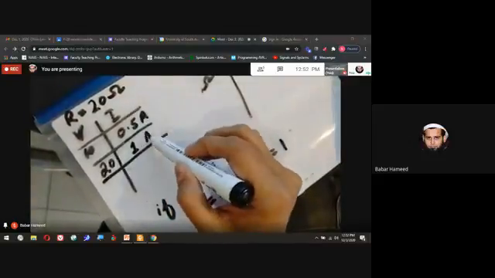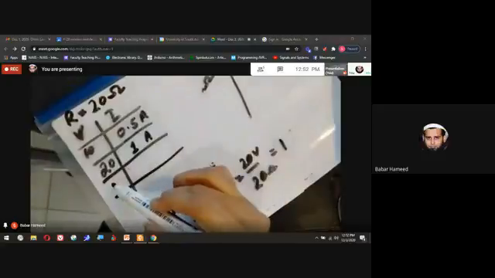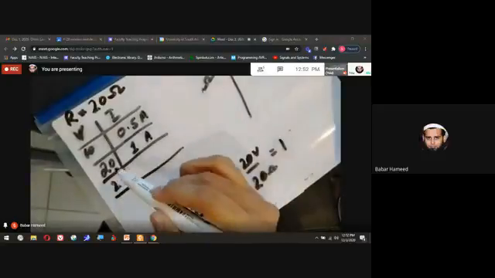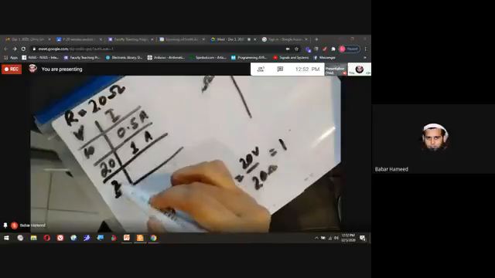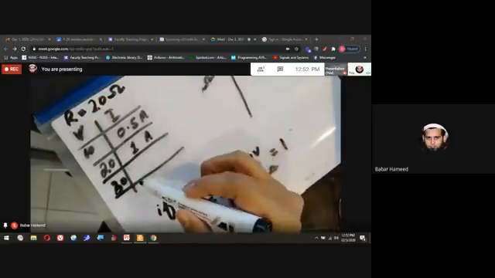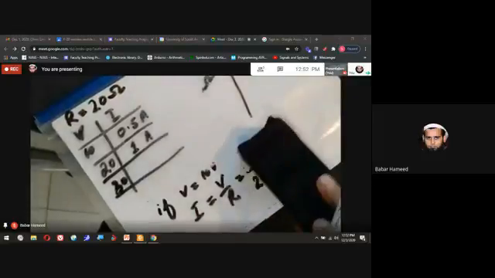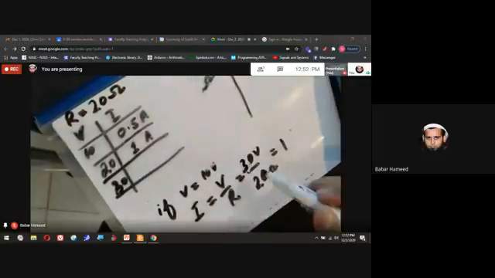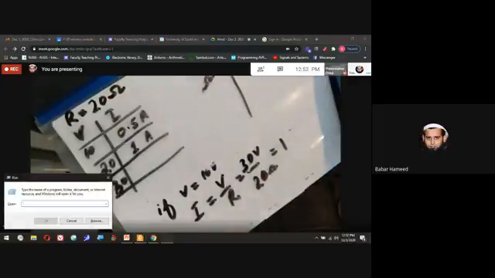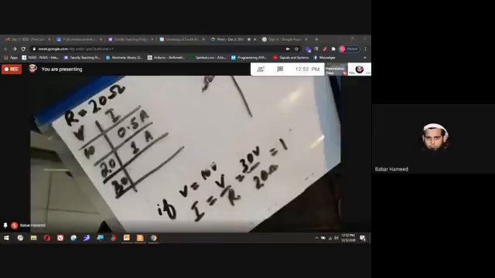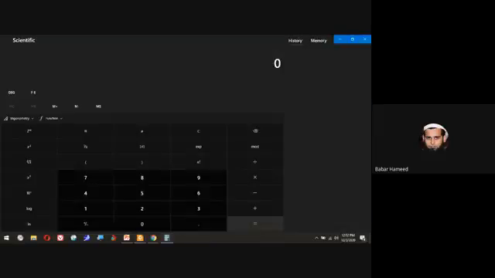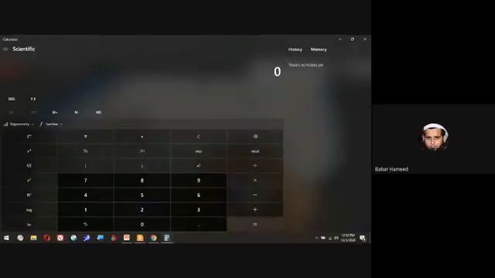0.5 ampere, 1 ampere, and so on. We can easily make the calculation simple: 30 volt, we have to divide 30 by 20. So 3 by 2, how much will it be? I think it's 1.5 ampere.